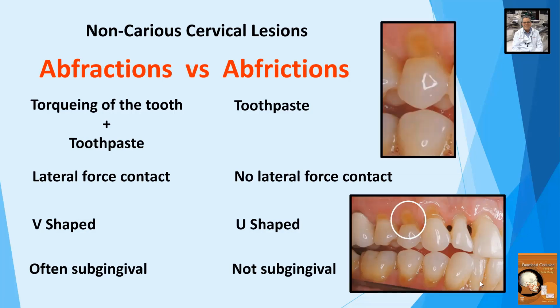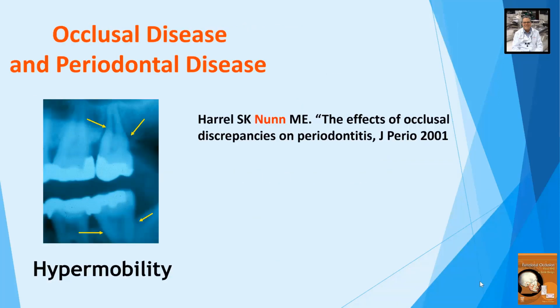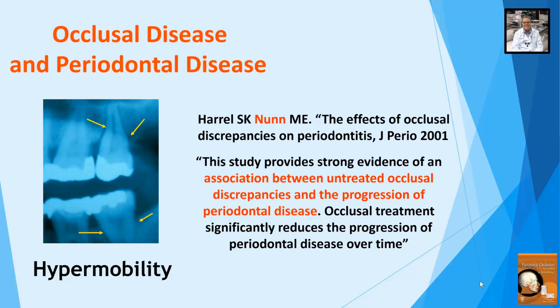We can see we have our V shape, and we can also see that that tooth was in contact in lateral forces. There is a relationship between occlusal disease and periodontal disease, and it deals with hypermobility. And here's one study, and there's many out there, that show evidence of association between untreated occlusal discrepancies and the progression of periodontal disease.